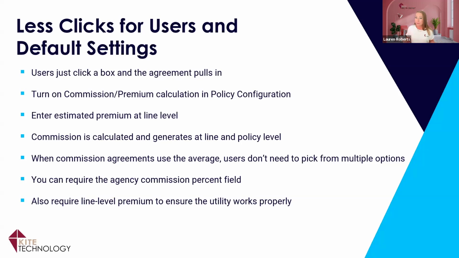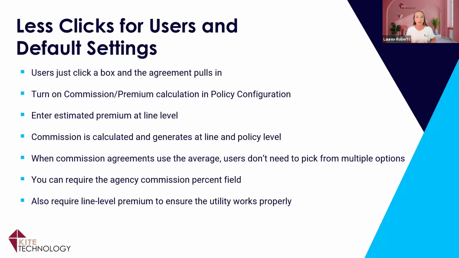So we're going to talk a little bit more about some of your options, but one of the reasons to configure this so that it's going to work better for you is that users should just be able to click a box and pull some information in. The less your users have to do, the more likely you're going to be able to get them to actually enter that information in Epic. So if they don't have to think about it, they just need to check a box, great. So that's one of our goals in creating some of this information today.